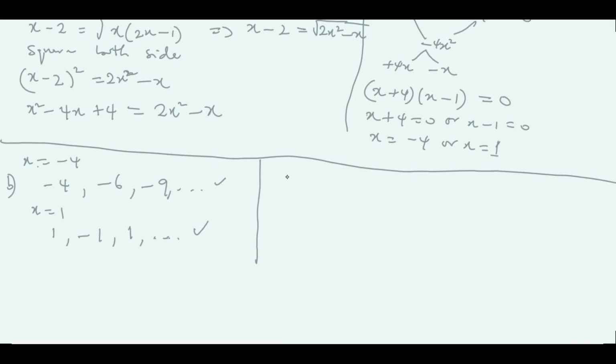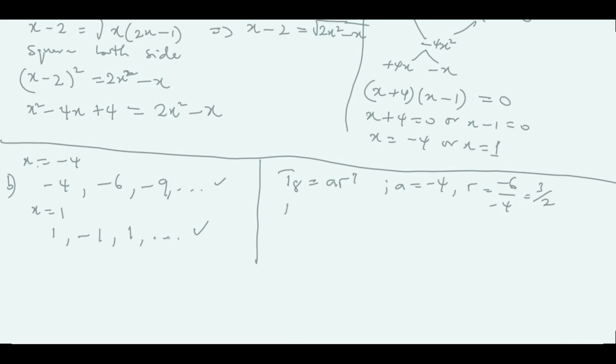The 8th term is this, ar raised to power 7. So for the first one here, we can see that our a is equal to minus 4 and our r is equal to the second term divided by the first term. So we have 3 over 2.